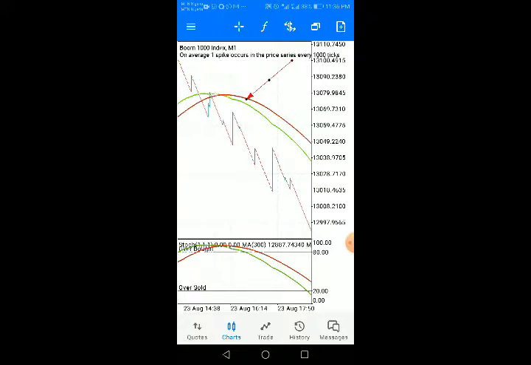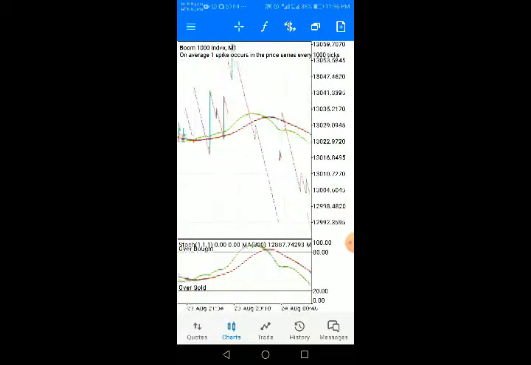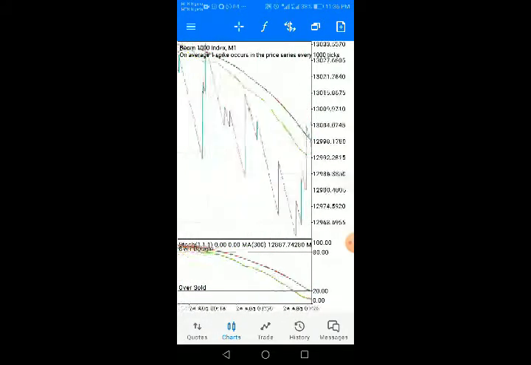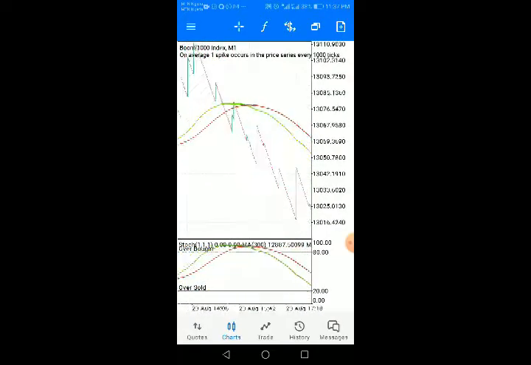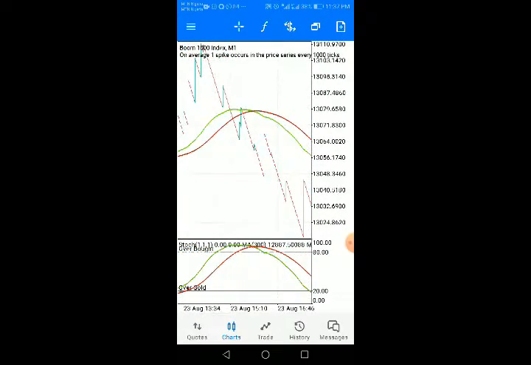Whenever you have it that way, it shows the market is on the downtrend. You can see that for that period it changed there and it changed again. So the strategy lets you understand where the trend of the market is at any point in time.